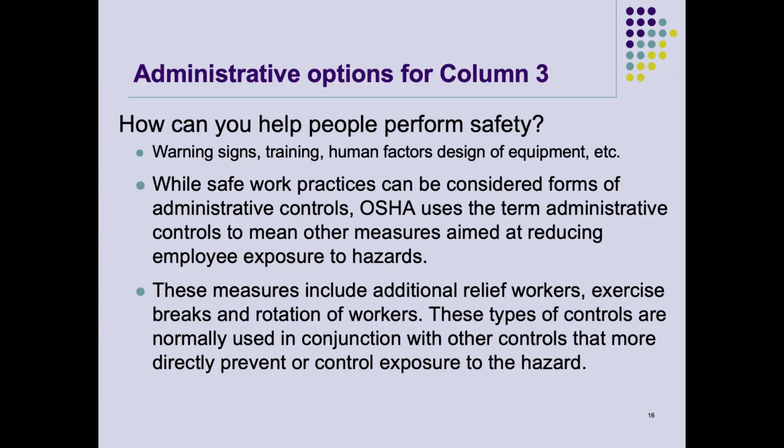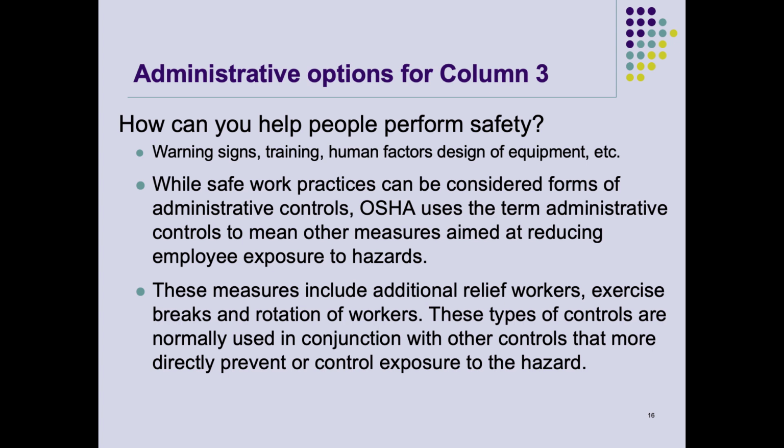So for our administrative controls, they're weak in that you have to trust people to follow the rules. Although people do a pretty decent job of following the rules if you can help them do so and not put extra barriers in place. So safe work practices, OSHA sees them as the main aim of reducing exposure to the hazards, and those measures are an additional relief to workers.